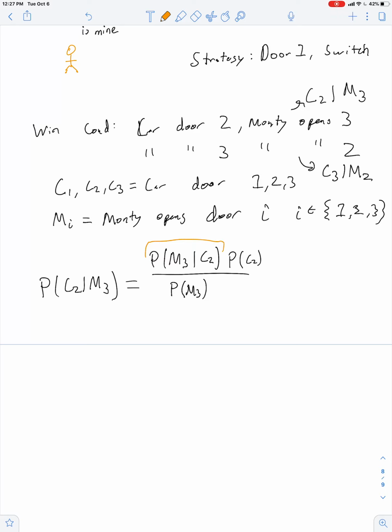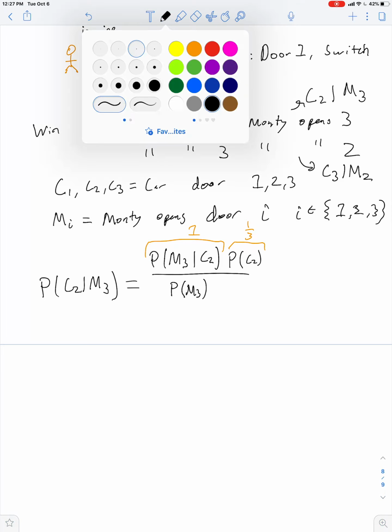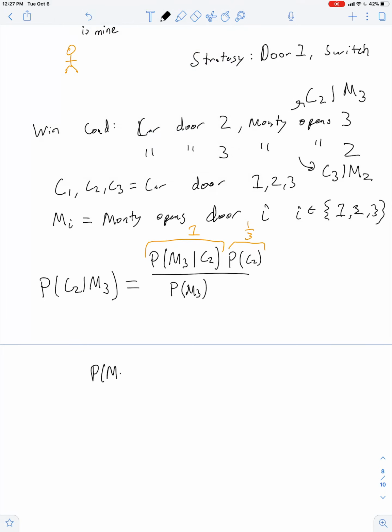Given that the car is in door 2 and I've selected door 1, Monty's always going to open door 3 because that's the only choice he has. So that's 1. And unconditionally, the car is equally likely to be in any door. So the hard part here is figuring out what the probability is that Monty opens door 3, which is by LOTP.